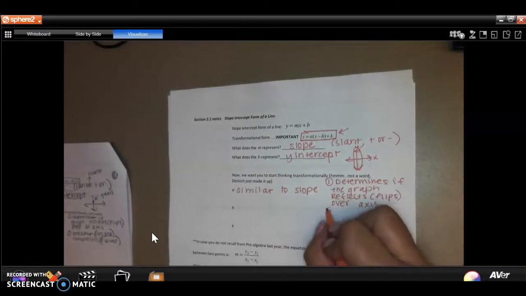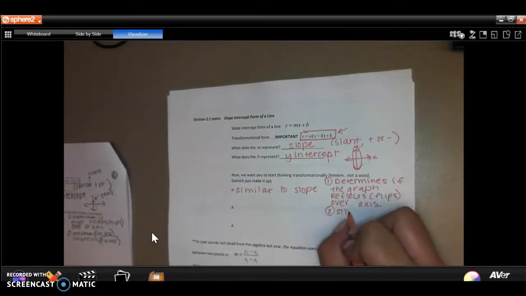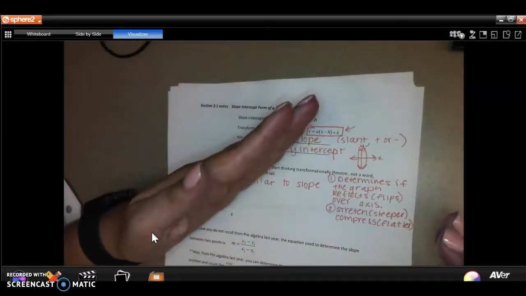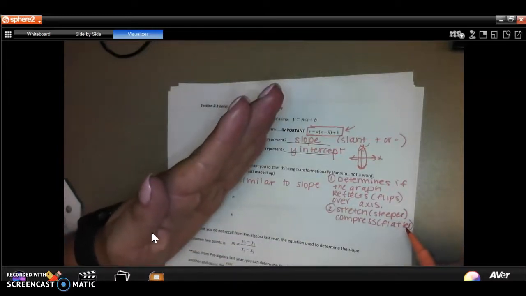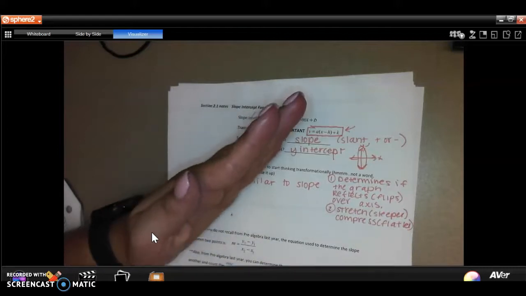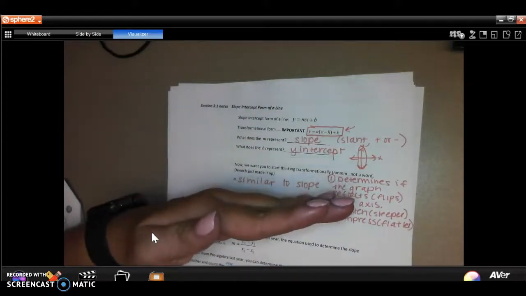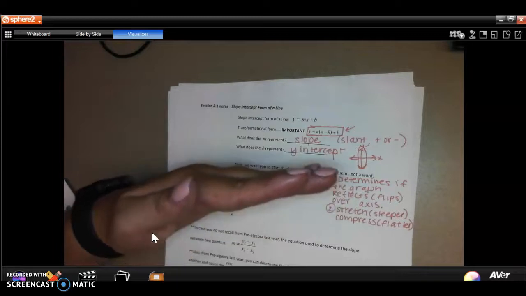And the second thing it does is it tells me if my graph is going to stretch, get steeper, or if it's going to compress, in other words, get flatter. That makes sense because if we're talking about an incline on a treadmill, which would be harder to walk, this incline or this incline? If it gets steeper, that hill's going to be impossible to walk. If it's less steep, if it's compressing, it's flatter, it's a little easier to walk, but still a challenge.